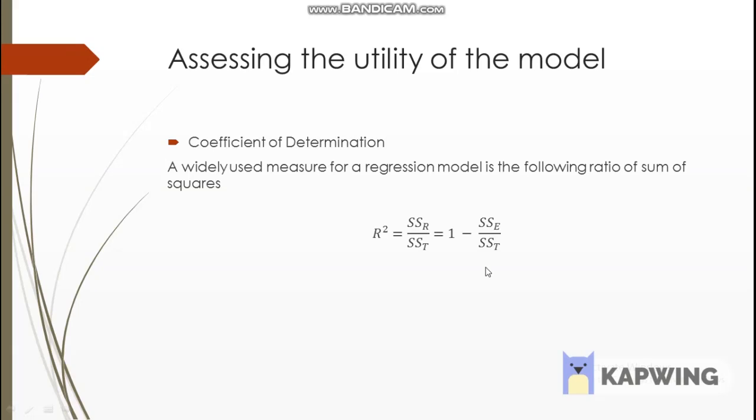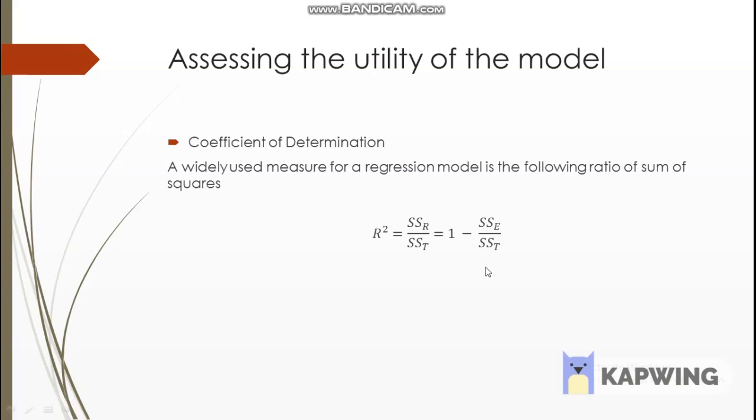In general, r to the power of 2 will increase if we add a variable to the model, but this does not necessarily imply that the new model is superior to the old one, unless the error sum of squares in the new model is reduced enough to offset the loss of one error degree of freedom; otherwise the new model will have a larger error mean square than the old one. Thus, the new model will actually be worse than the old one.